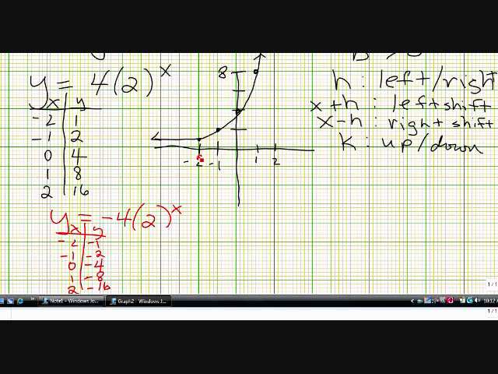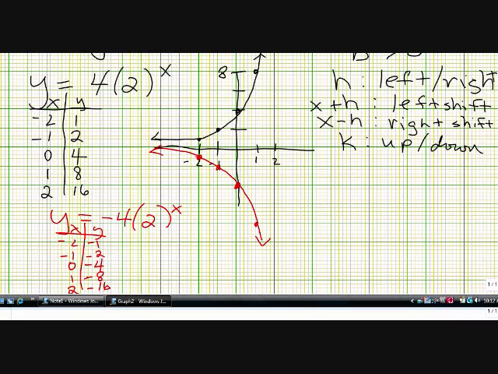-2, -1. -1, -2, 0, -4, and 1, 2, 4, 6, -8. It is a reflection across the x-axis. So when I have negative a's, they take the positive a graph and reflect it across the x-axis.